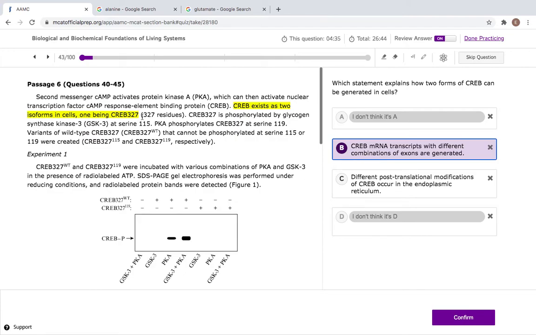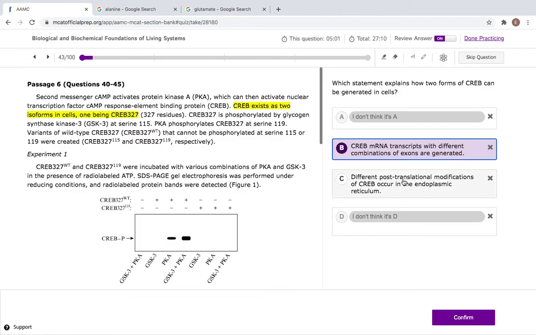And also residues here. They told me that it's 327 residues. Different post-translational modification. Yeah, this is such a better answer. Forms of Krebs. Isoforms. Iso means same. Yeah, so I'm going to go with B. It's a better answer.